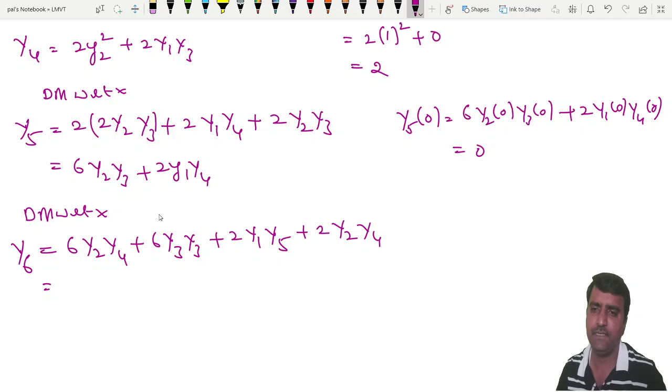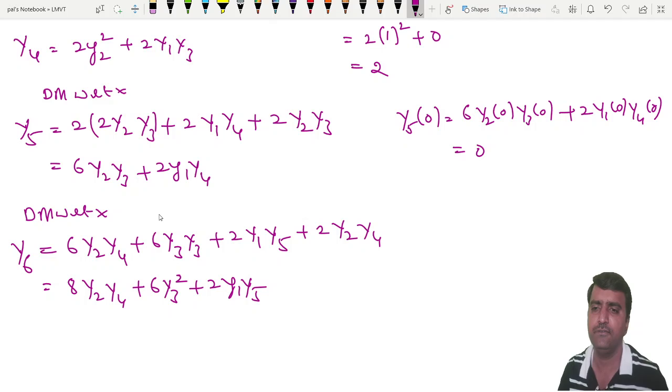From the first and last terms we can add, giving 8 y2 y4. The second and third terms we cannot add: this is 6 into y3 square plus 2 into y1 y5.